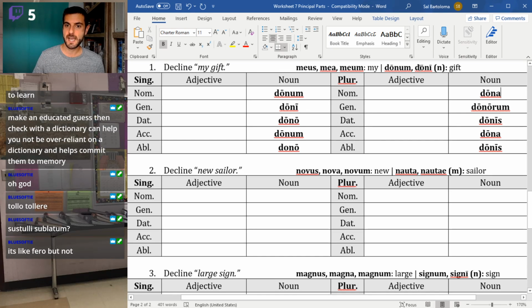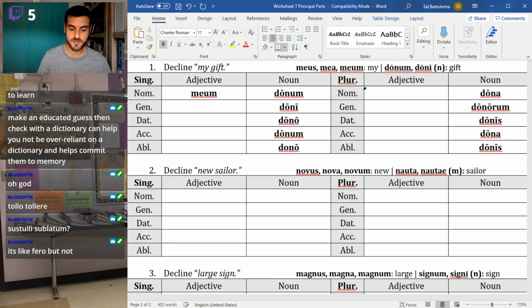When you're dealing with the adjective, the first thing you must ask yourself is which of these three forms do I use: meus, mea, meum. So you have to know what those three forms represent: masculine, feminine, neuter. Since donum is neuter, we use meum. Meum is second neuter, and the noun is second neuter.